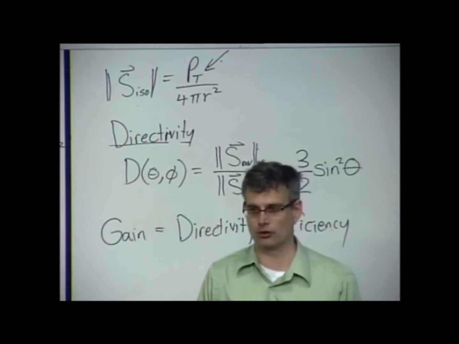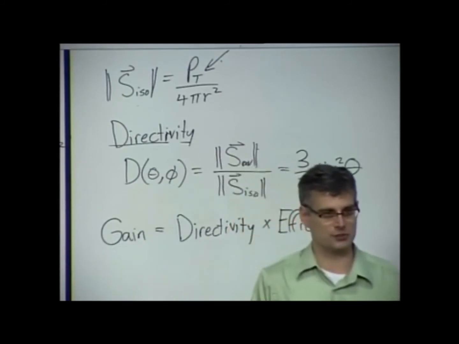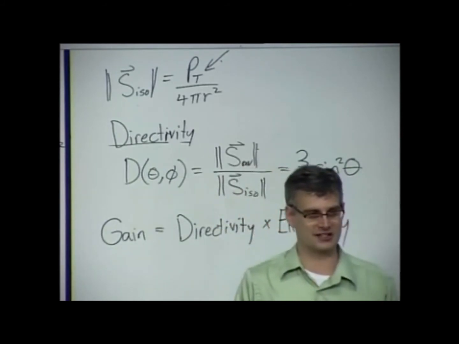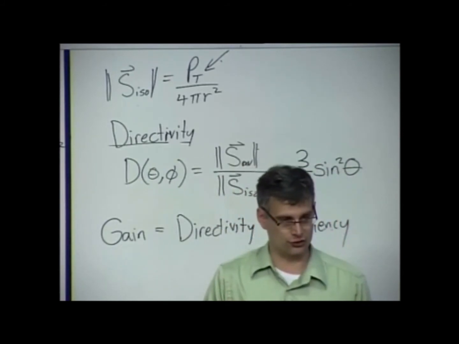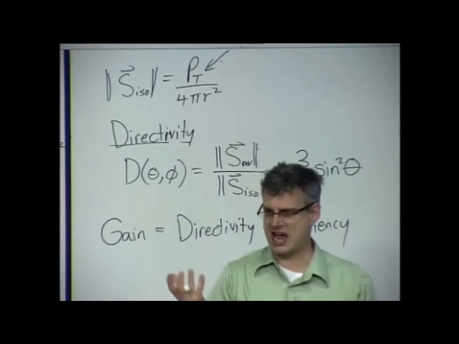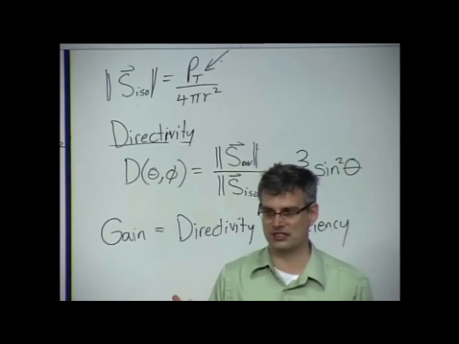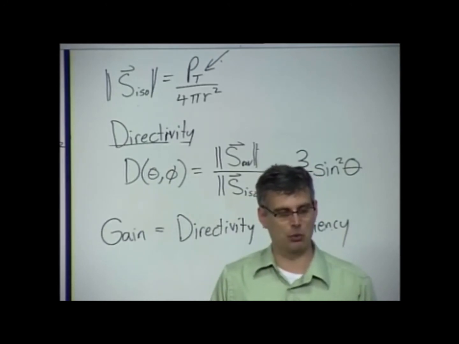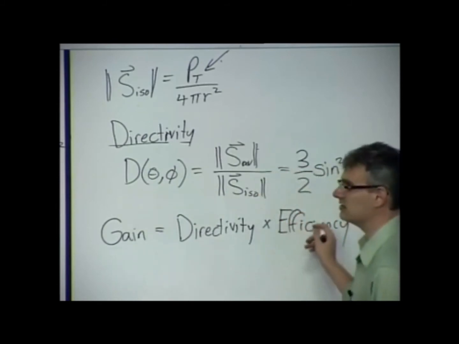If you make it out of copper, silver or gold or some really nice piece of metal, or you're just operating at low frequencies and you don't have much ohmic loss, you're usually okay. Then that number is relatively low. Whereas some other sources of loss, dielectric loss, if there's any plastic or even the air around the antenna, if the frequency is high enough, will impart dielectric losses to your radiation and will be included in this term.